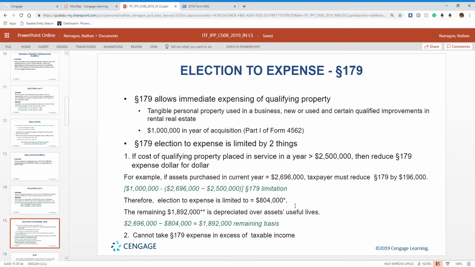And it did have some limits, and that was a little bit tough, but this was used on any personal property used in a business, new or used, and some improvements. And this is usually applied to rental real estate, which basically helped fix up the place. Well, it was only going to be $1 million in the year of acquisition. That's as much as you can actually do.